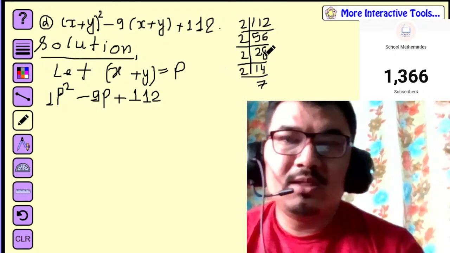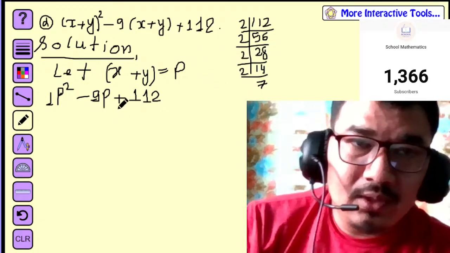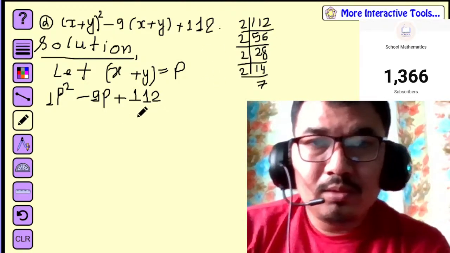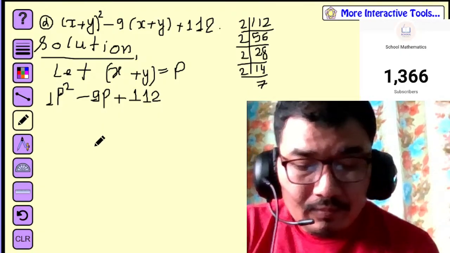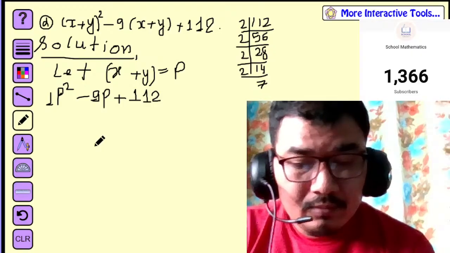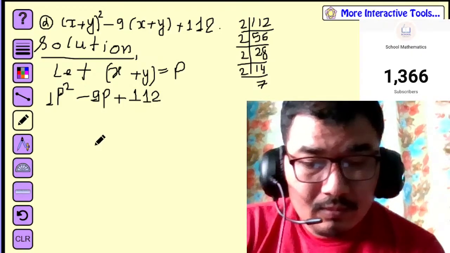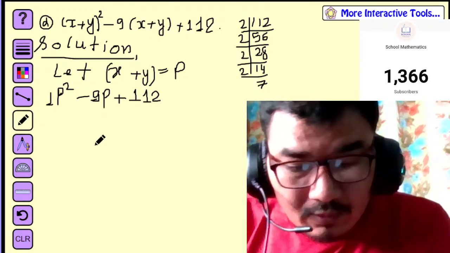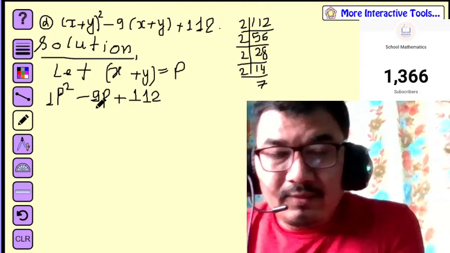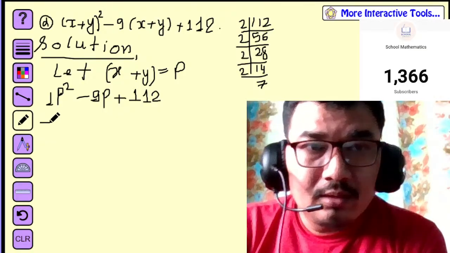Okay, these are the factors. Now let's make from here two factors only whose difference comes 9. Okay, this 9 difference. Let's find out here.